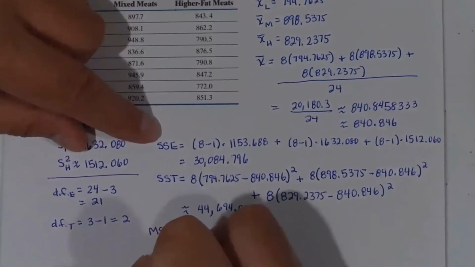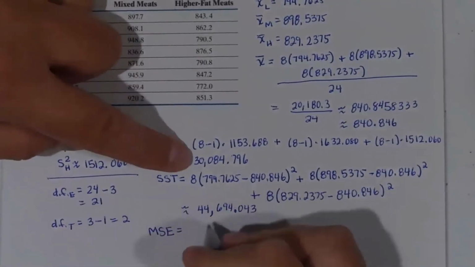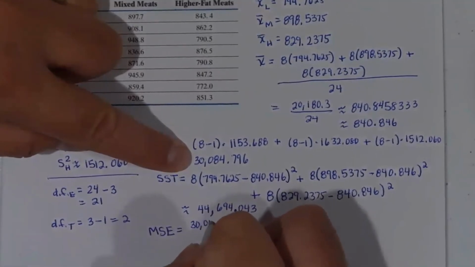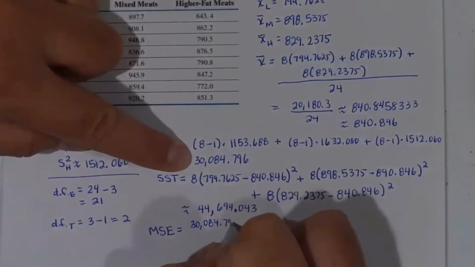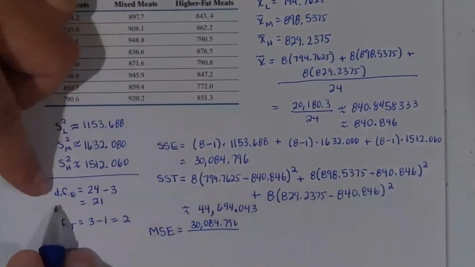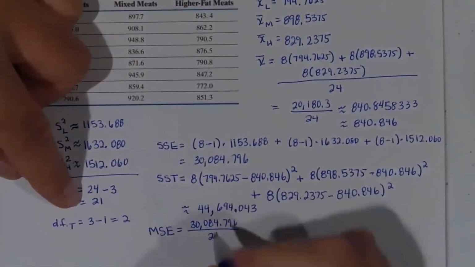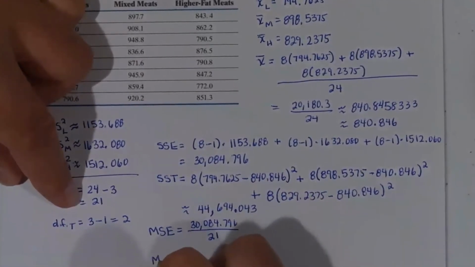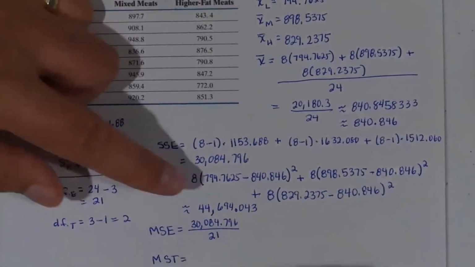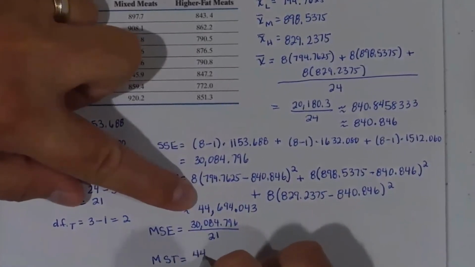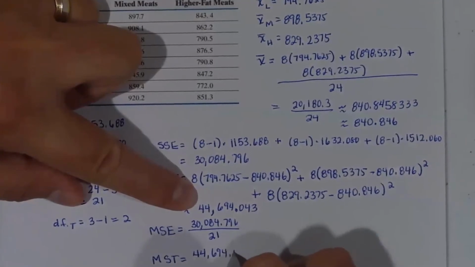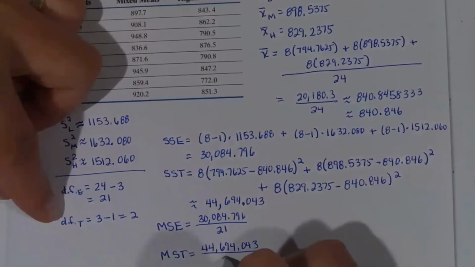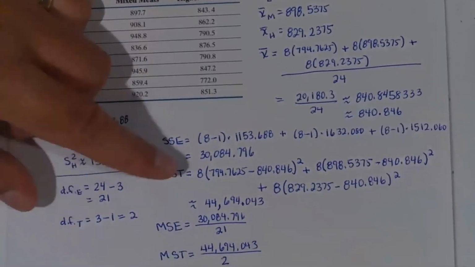So the MSE, the mean square due to error, is going to equal 30,084.796 divided by the degrees of freedom due to error, which is 21. Again, that's N minus K. The MST is going to equal 44,694.043 divided by the degrees of freedom due to treatment, which is 2, K minus 1.